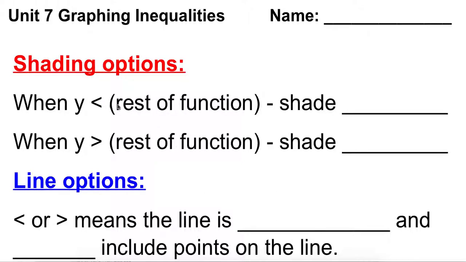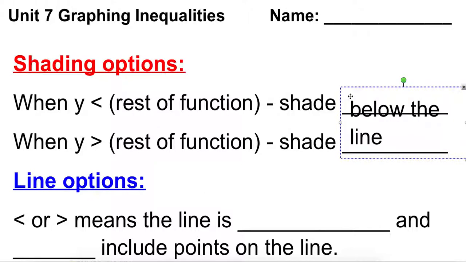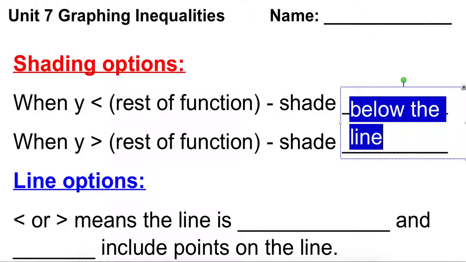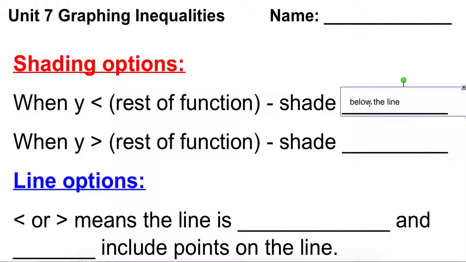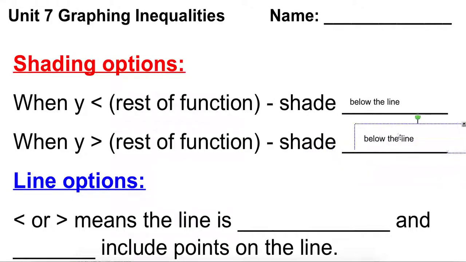When it's less than some amount, if it looks more like an L, or if the opening is facing the rest of the function, you're going to shade the lower part of the graph, or below the line. That is what we do when we see the less than inequality. And if we see a greater than, we're going to shade above the line.